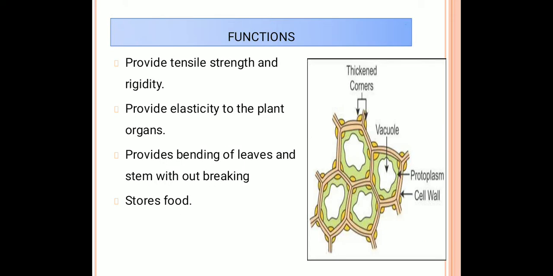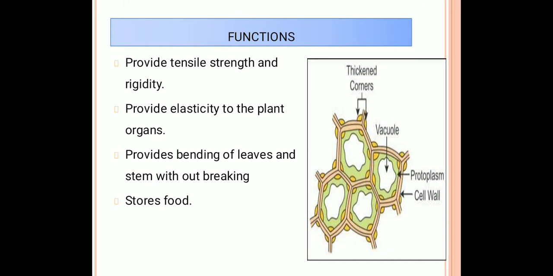The main function of the collenchyma is that it provides tensile strength and rigidity to the plant due to the thickening of the walls. It also provides elasticity to the plant organs.